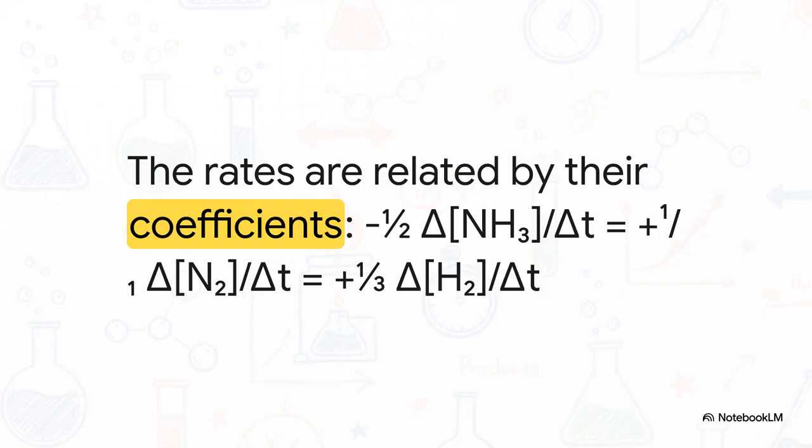I know it looks a little crazy, but all that's doing is using those recipe numbers, the coefficients, to link all the rates together. And this is the really powerful part. If you can measure the speed of just one single chemical in that whole reaction, this formula lets you instantly calculate the speed of all the others. You don't have to measure everything. You just need to measure one.